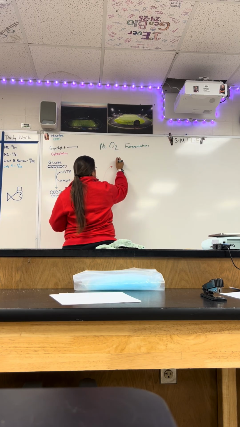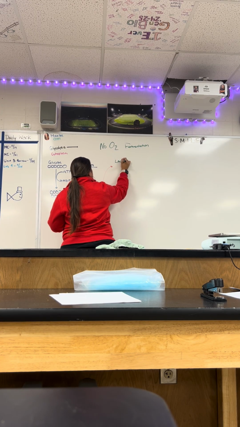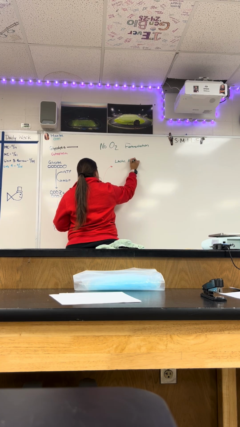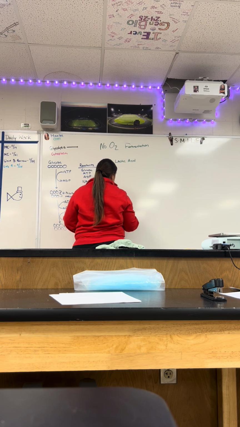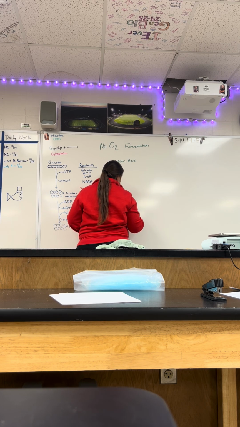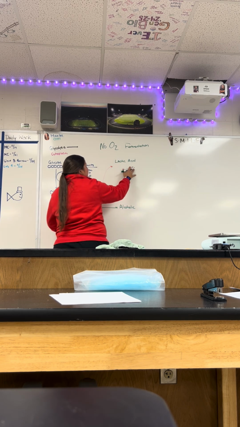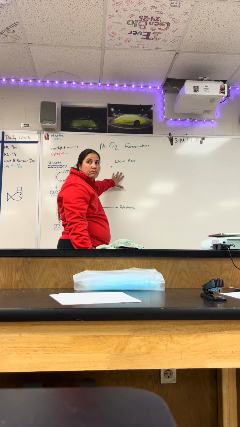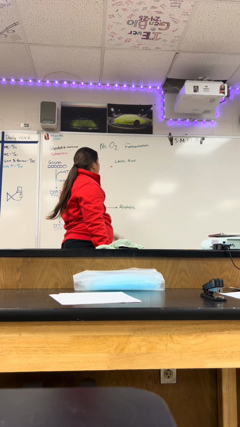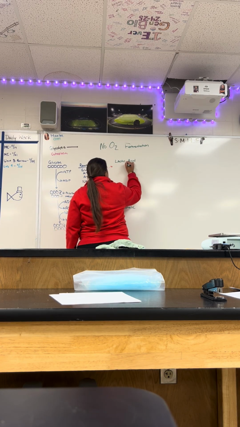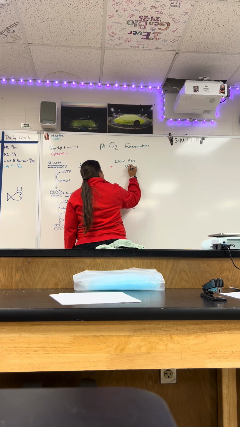In fermentation, we've got two different types. We have lactic acid and then we have alcoholic. Lactic acid occurs in something that has a muscle. Okay, so if there are muscles, like animals galore, lactic acid fermentation can happen. Okay, when we look at lactic acid, we have our pyruvate.